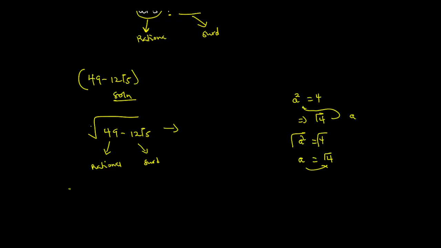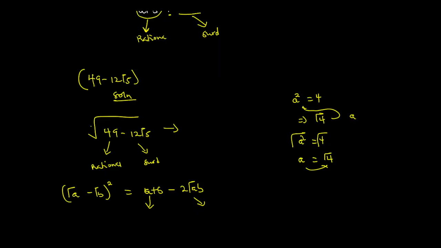So we were having a surd, say square root of A minus square root of B. Now when you multiply that surd by itself, in other words, when you square that surd, you are going to get a surd of the form A plus B minus 2 root AB. This is the rational part, and then this is the surd part, right?